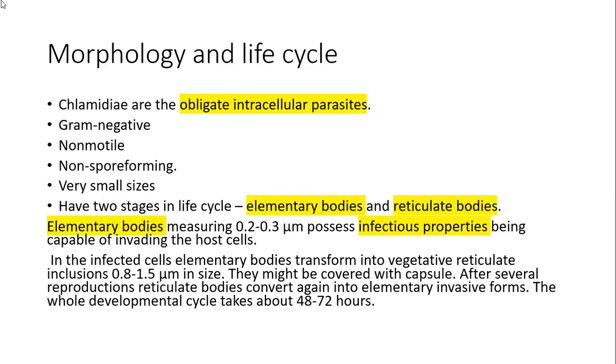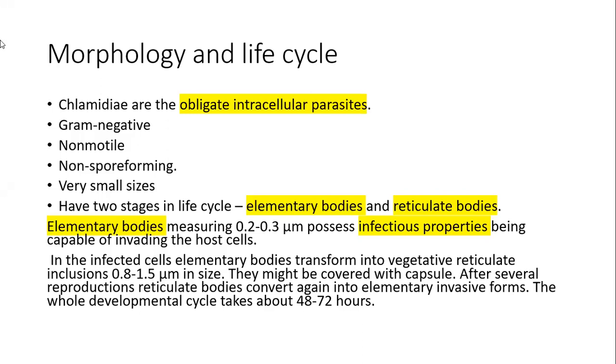Elementary bodies measure 0.2 to 0.3 micrometers and possess infectious properties, being capable of invading the host cell. The main purpose of the elementary body is to find the host cell and invade it. In the infected cell, the elementary body is transformed into a vegetative reticulate body, 0.8 to 1.5 micrometers in size. They might be covered with a capsule.